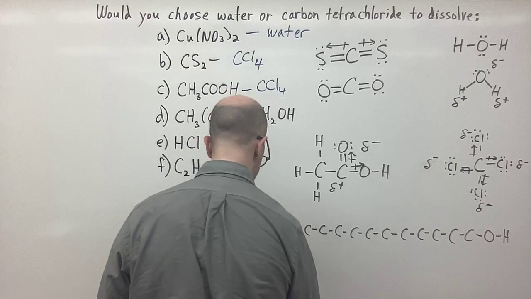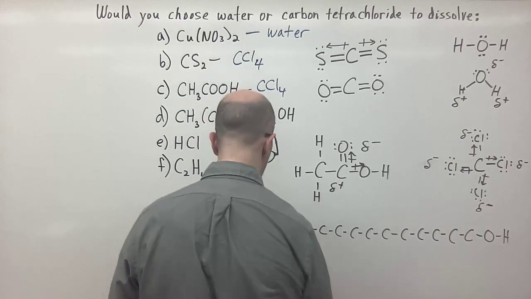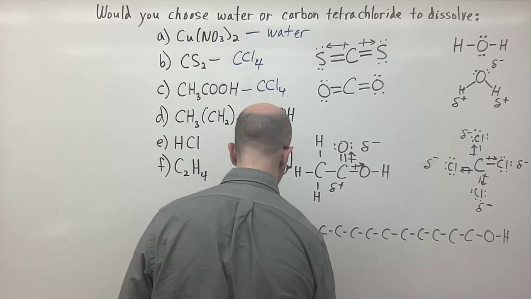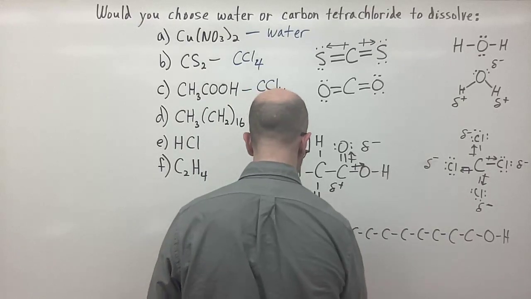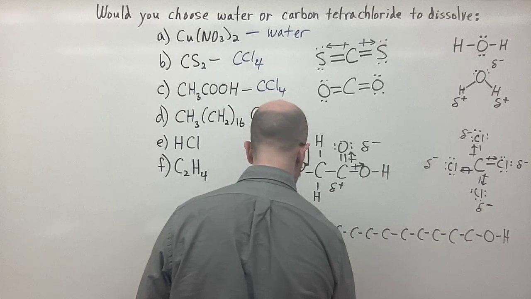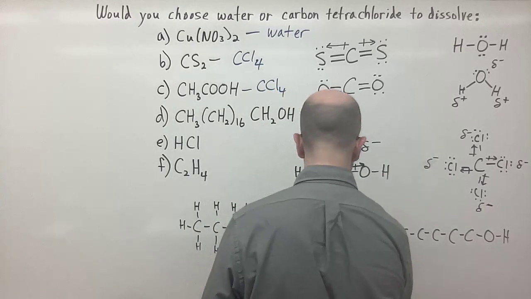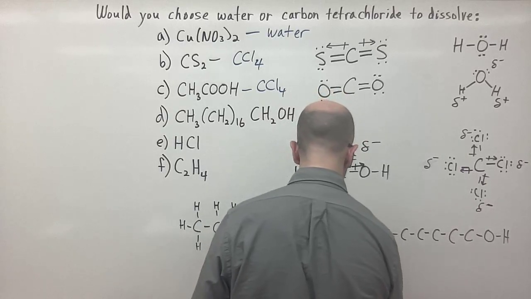There's the line method, where you don't really draw the carbons and hydrogens, you just draw a line, and each bend in the line represents a carbon, and so you can figure out what the structure is from there.